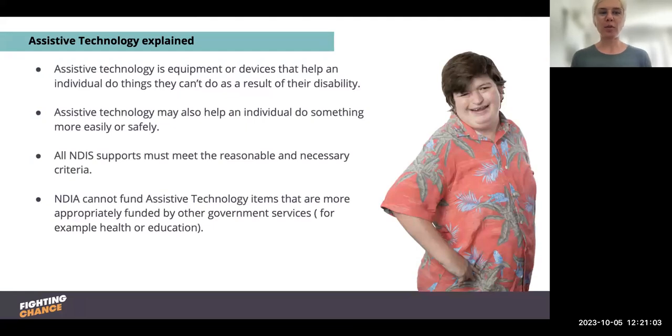So what is assistive technology when it comes to NDIS? So it essentially is equipment or devices that help an individual to do things they can't do as a result of their disability.